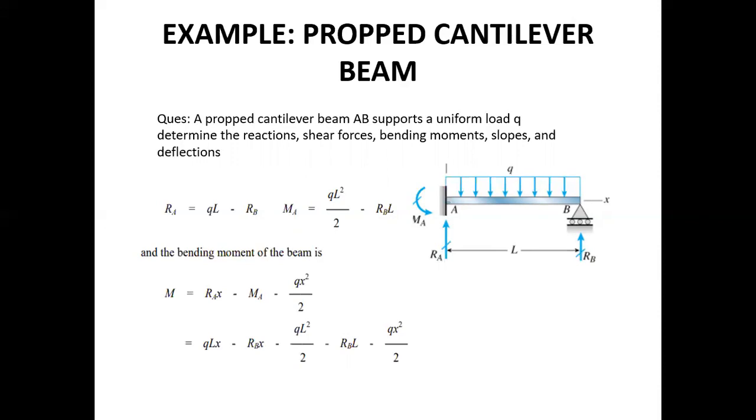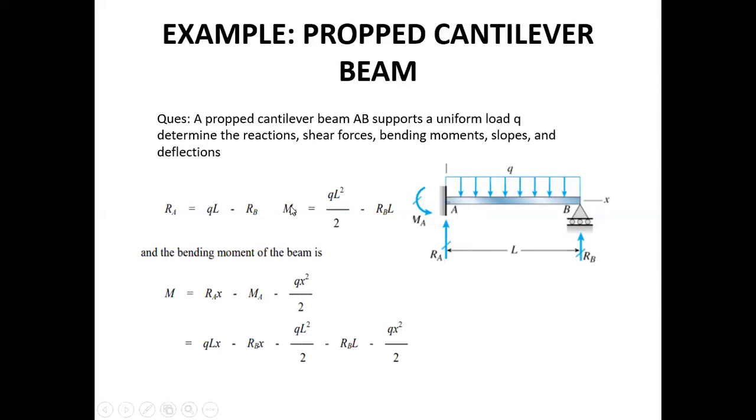The reactions that will act in this case are this MA, a rotation reaction due to the fixed support, this vertical reaction RA due to the support condition, as well as this vertical reaction RB due to the support condition at B. So let us start.